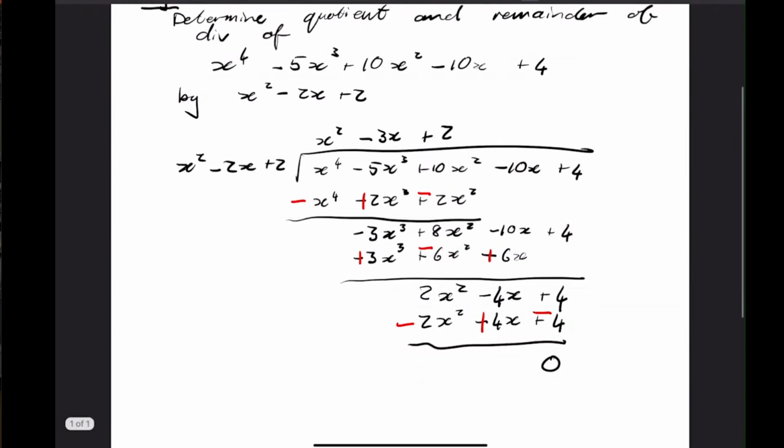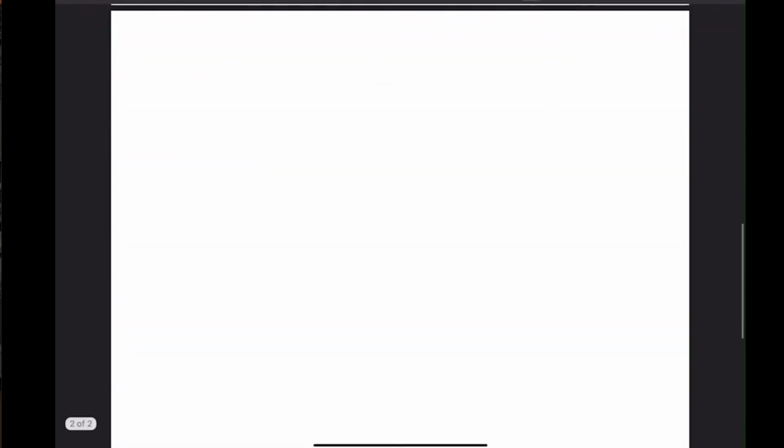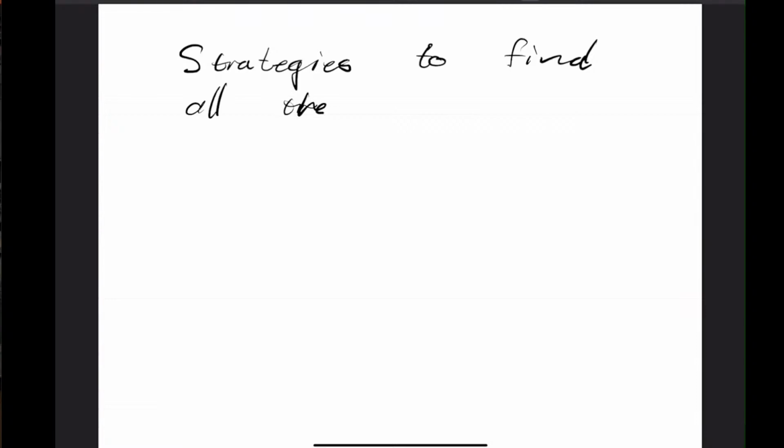Okay, so in our previous lecture, we discussed some strategies to find all the roots of polynomials.